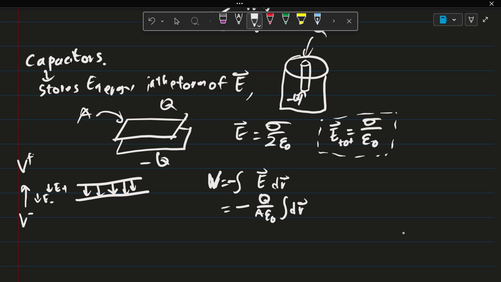Anyways, something that you would also need to look at is that this dr vector as well as the E vector is pointing in different directions. So this means that the dot product inside here would be negative. So this should be a positive sign. So remember about this. The electric field, which we compute by using Gauss's law, doesn't define its direction.